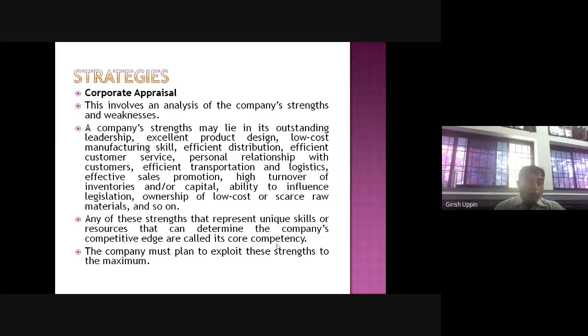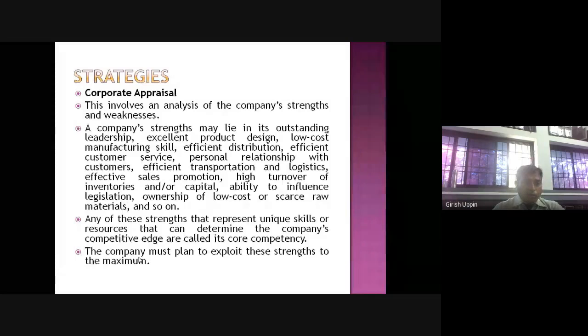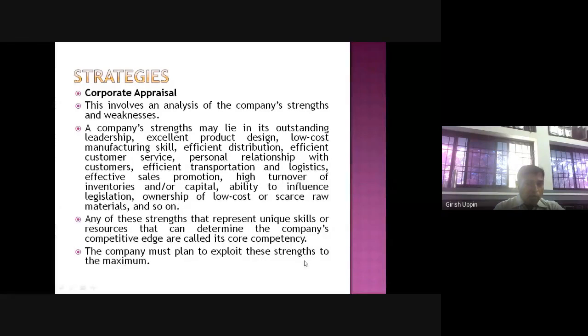So you have to work on your core strengths which you are interested in. The company must plan to exploit this strength to the maximum. Suppose you are a .NET developer, you should focus on utilizing this strength. Using this strength, you can place yourself, or if you want to start up your company, you can use .NET to build the products. So you should work on whatever strengths you have to the maximum.